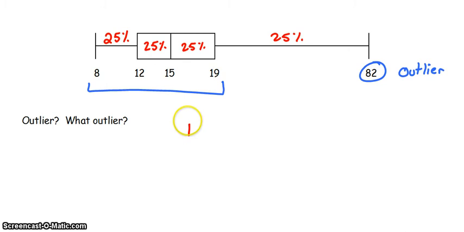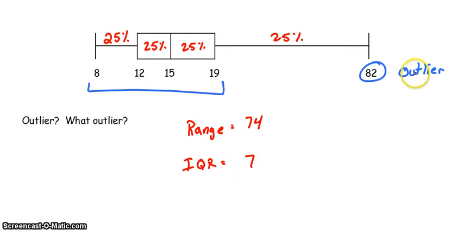The way that we calculate range and interquartile range doesn't change. In this case, my range is going to be 82 minus the 8 for a range of 74. But my interquartile range is 19 minus 12, or 7.